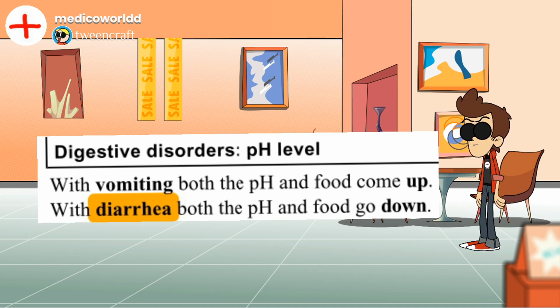Second thing is diarrhea. Diarrhea comes down, meaning pH also comes down in diarrhea. You can remember as D for diarrhea, D for down: pH and food come down.